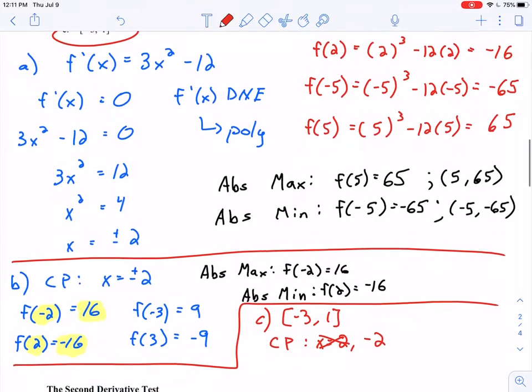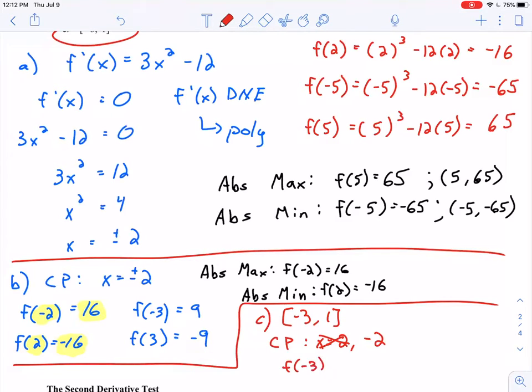It's not a possibility for my absolute extreme value because it's not in our interval. So I will take negative 2, negative 3, and 1, and plug those all into my function.